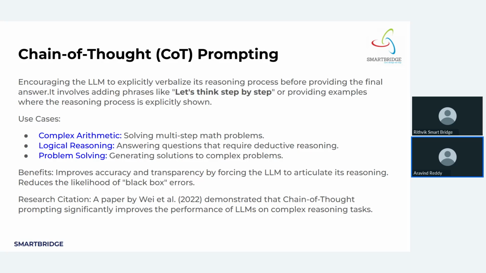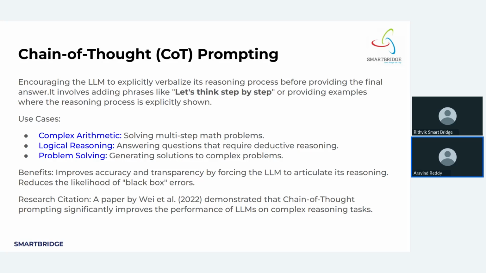Where can we use this type of output? In arithmetic and mathematical problems. For example, if there is a formula and you ask how the formula came about, explain step by step, it will start from the basics and go until the formula is generated, giving a detailed explanation.